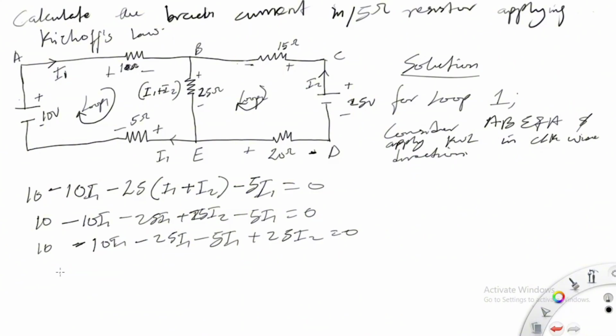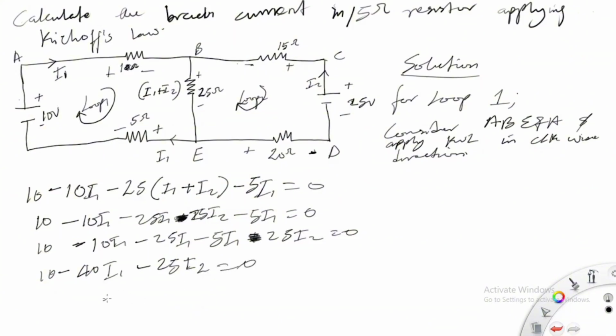So we would have 10 minus 40 I1, since 10 I1, 25 I1 and 5 I1 give 40 I1. Am I correct? The negative sign will affect it, minus 25 I2. Am I correct? Is equal to 0.